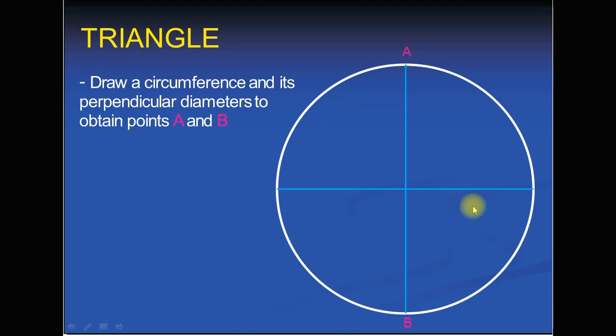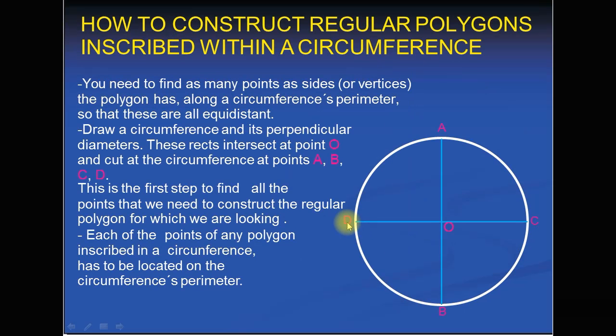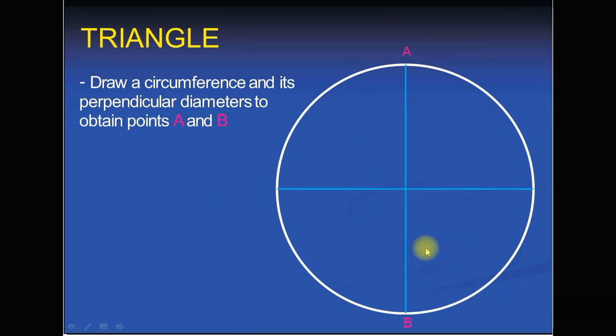For the circumference of the circle, first of all, locate the center of the circle and then open the compass about some radius, suppose 4 centimeter or 5 centimeter or 2 centimeter, and then put the compass at this center point and draw the circle. Then draw the diameters of the circle. The diameters will be AB and CD, as you see here in this slide.